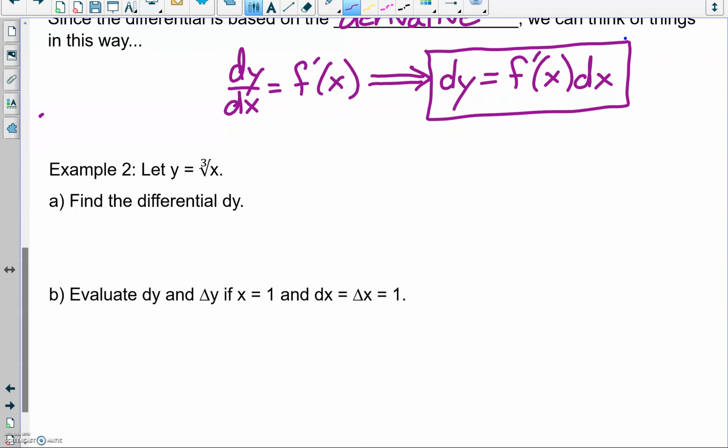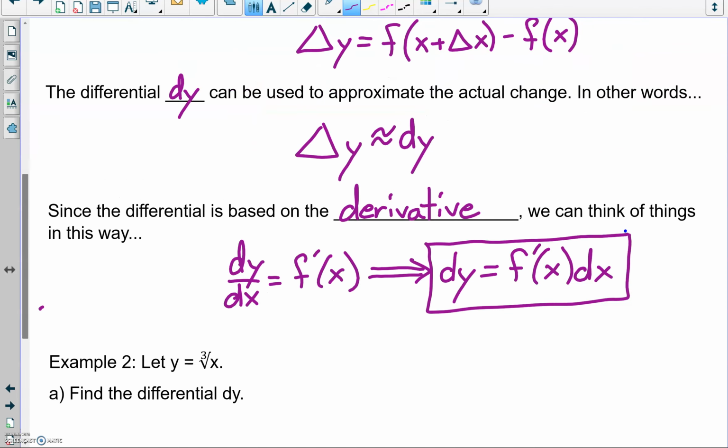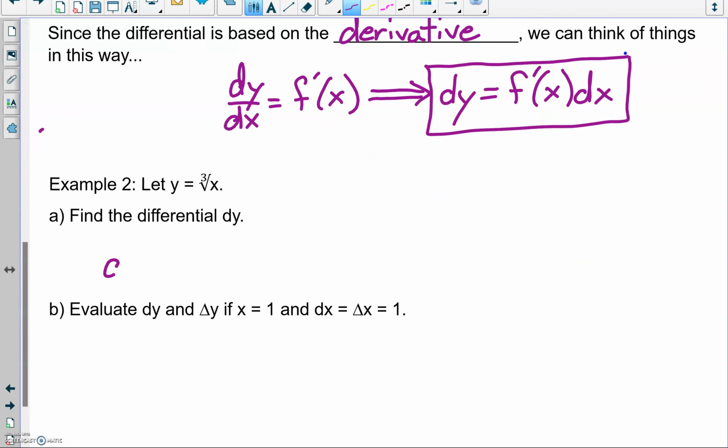So for this next example, we're going to let y equal cube root of x. And I want to find the differential dy. Well, dy equals f prime of x dx.